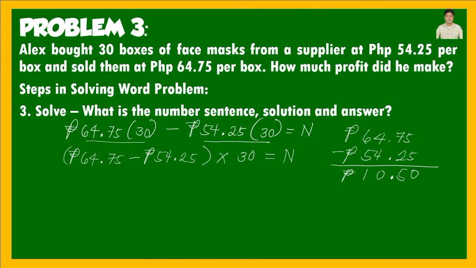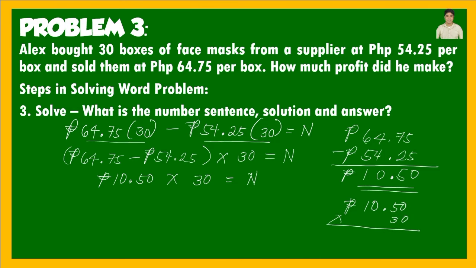So, Alex's profit per box is 10 pesos and 50 centavos. So, the difference we got, 10 pesos and 50 centavos, we now multiply by 30 equals N.